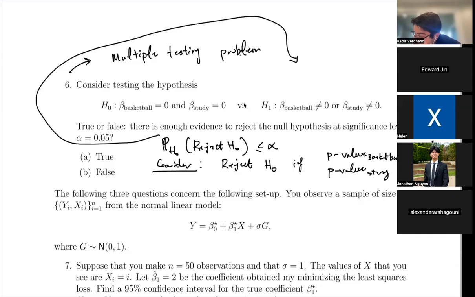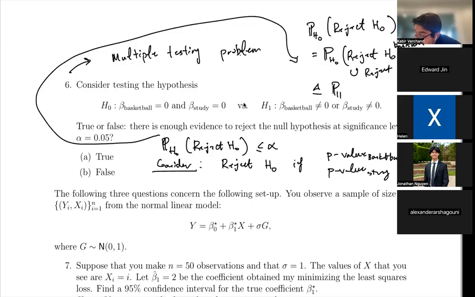So let's go over here. This is because now this probability is equal to the probability that you reject H naught basketball or reject H naught study, which is by the union bound less than or equal to the probability that you reject H naught basketball plus the probability that you reject H naught study, which is alpha over 2 plus alpha over 2 equals alpha.